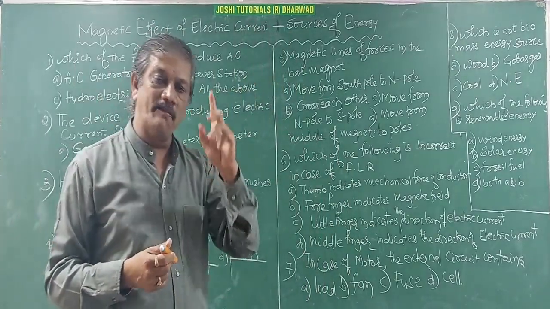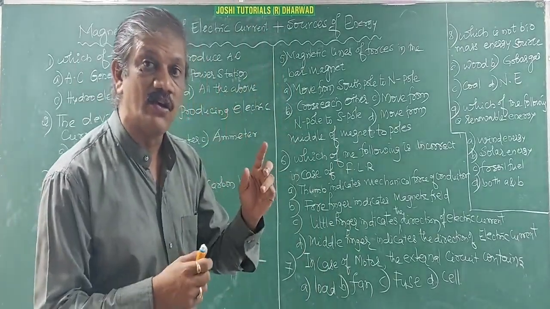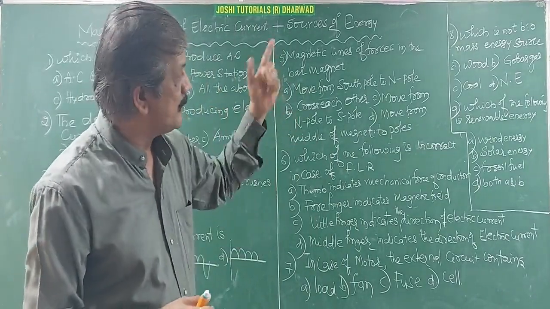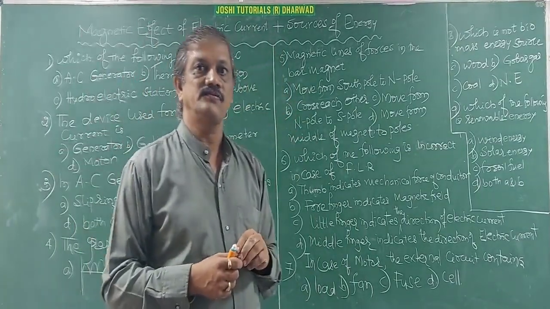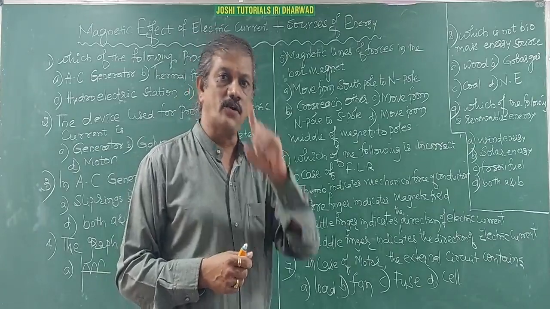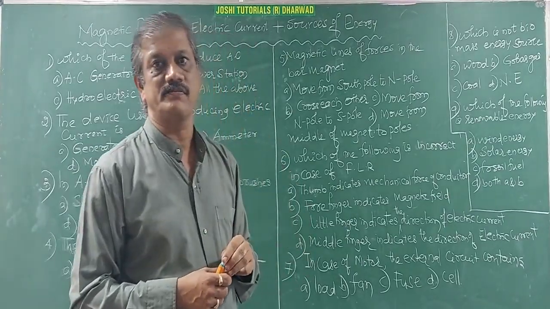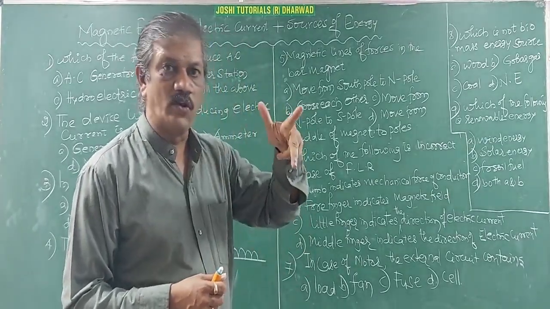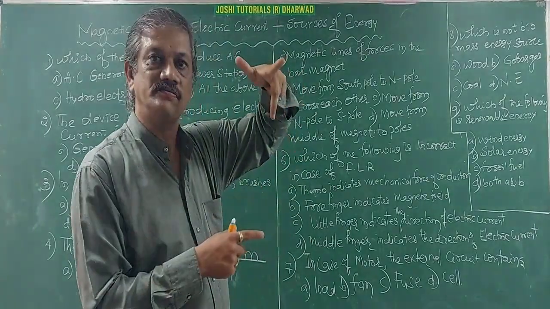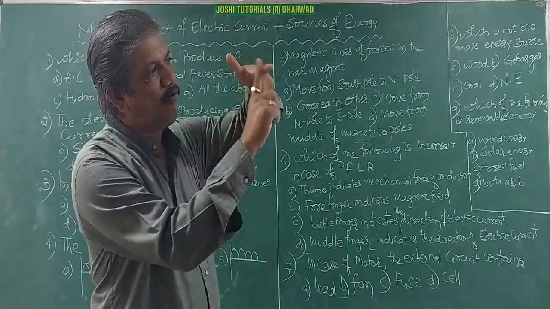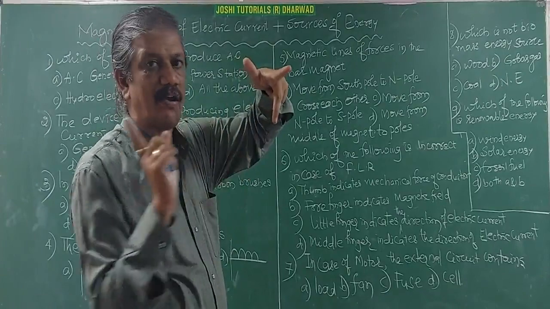You must remember Fleming's left hand rule. I had already told in the previous video, there one question came. Left hand rule, it's a motor rule. Fingers are forefinger, thumb and middle finger.